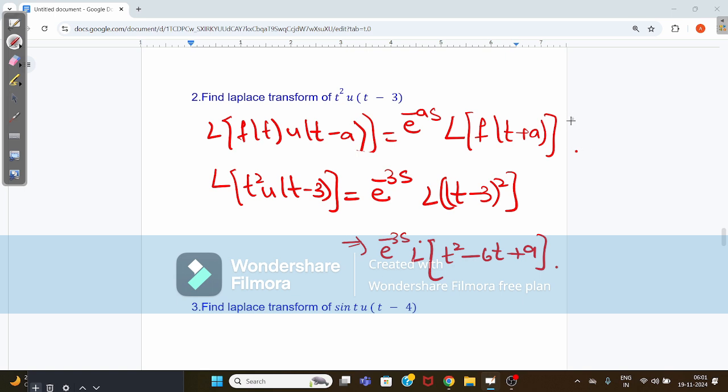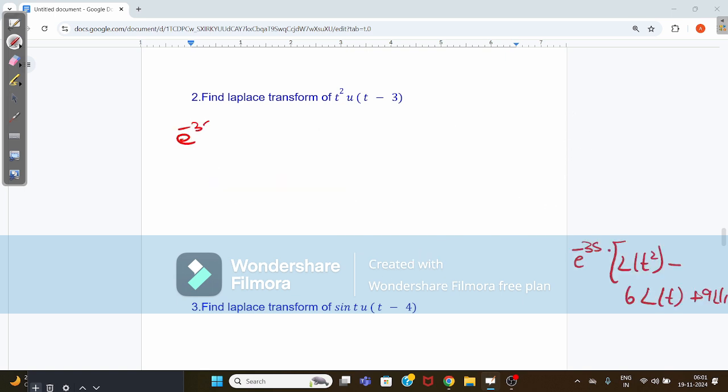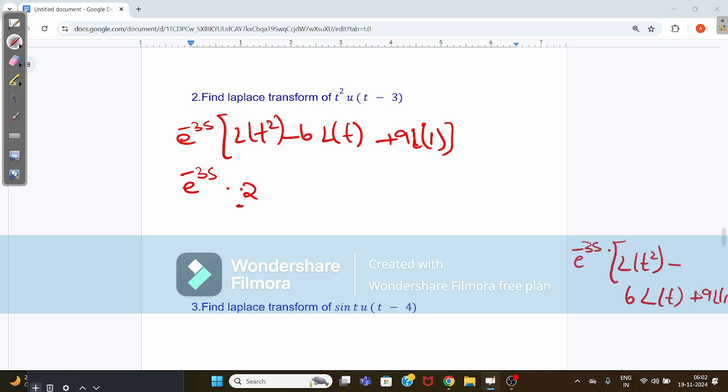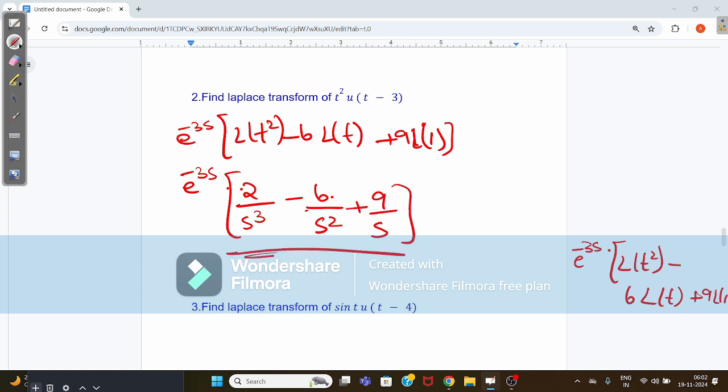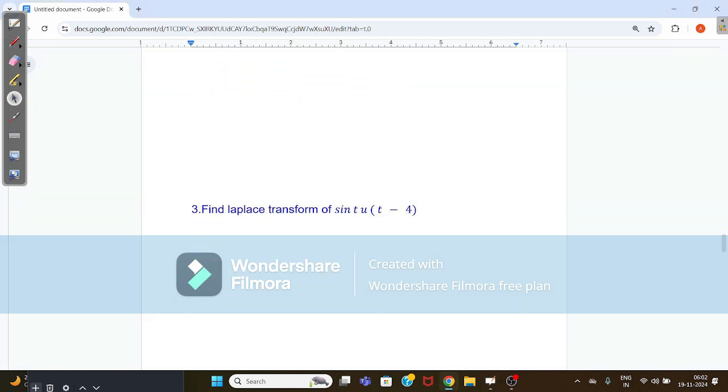That can be written as e power minus 3s into L of t square plus 6 into L of t plus 9 into L of 1. So e power minus 3s times 2 by s cube plus 6 into 1 by s square plus 9 by s, which is the required Laplace transform. Comes to next problem.